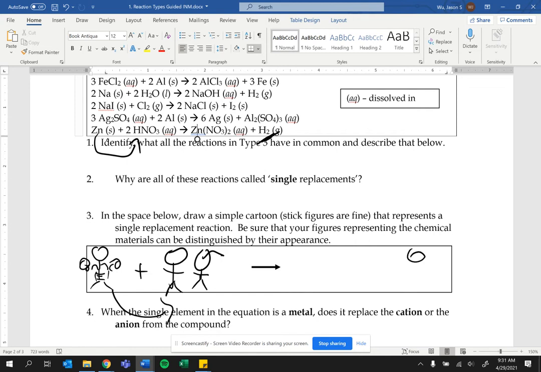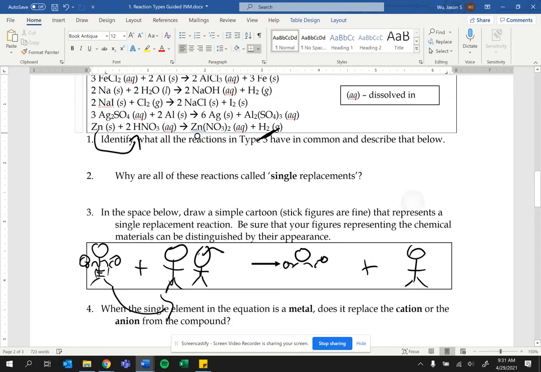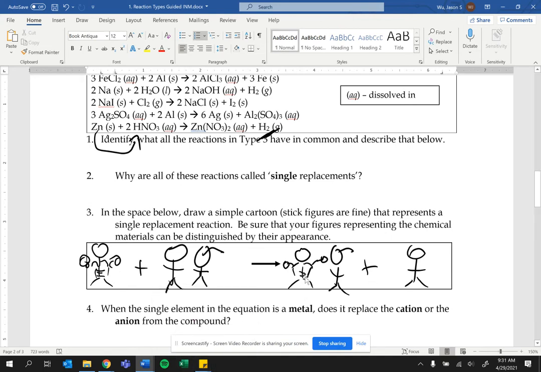So this guy is left on his own, and Macho Man is with the girl. Now I'm going to say, there's a lot of things that we have to offer that Macho Man can't offer. Anyways, the guy gets bumped out. It's a single replacement, okay?